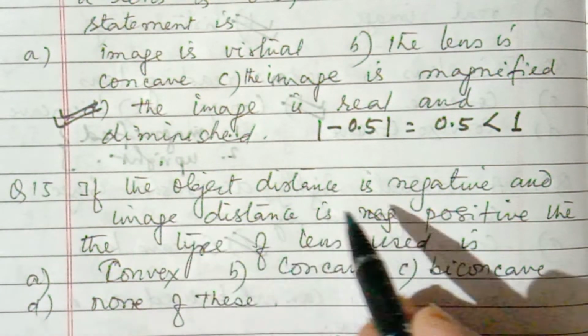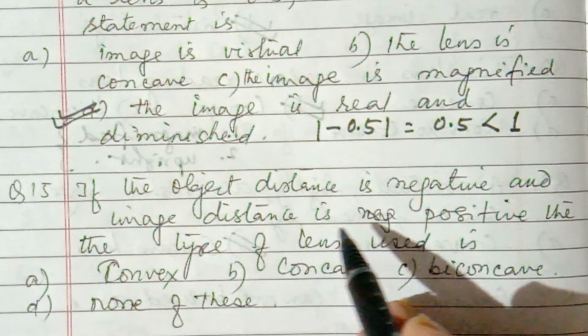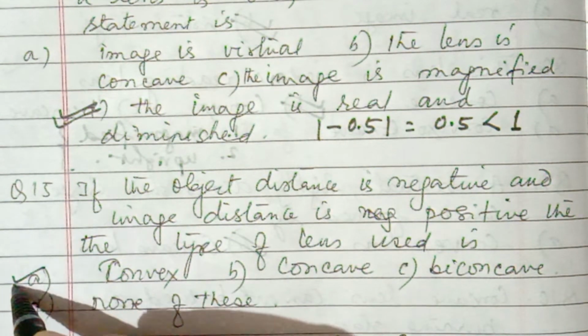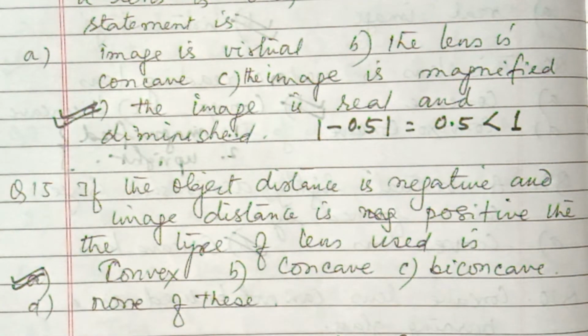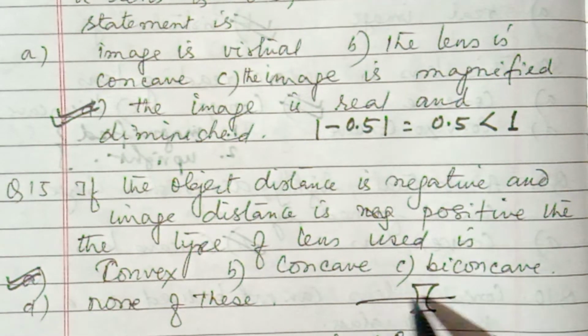If the object distance is negative and image distance is positive, the type of lens used is, so this is convex lens, because concave lens always forms virtual images, and virtual images are always in front of the lens. So if we place the object, image will be here.